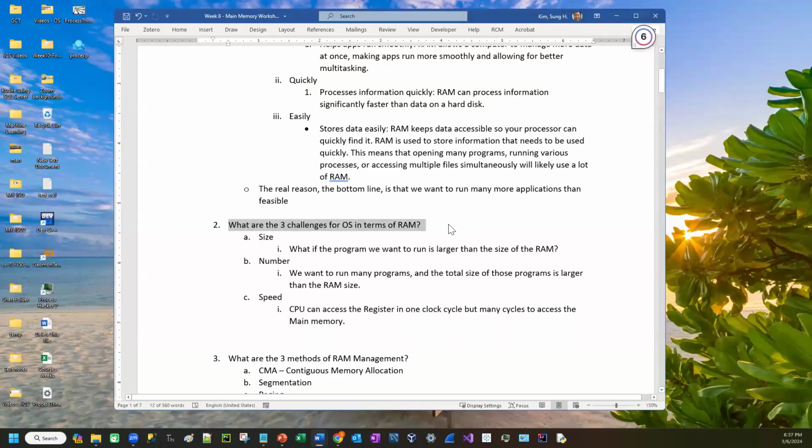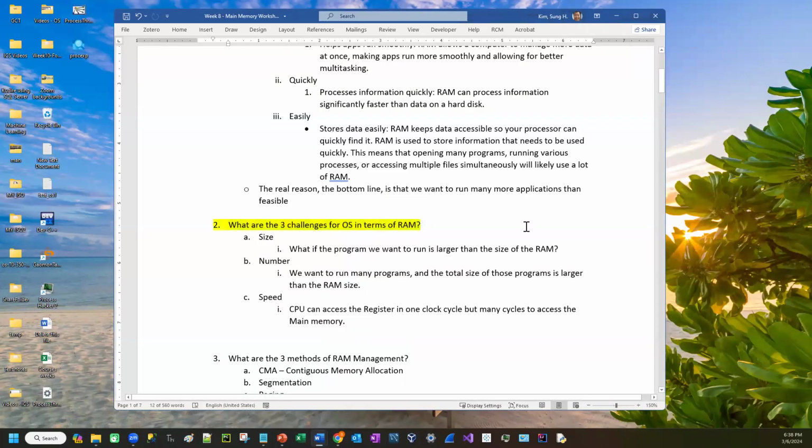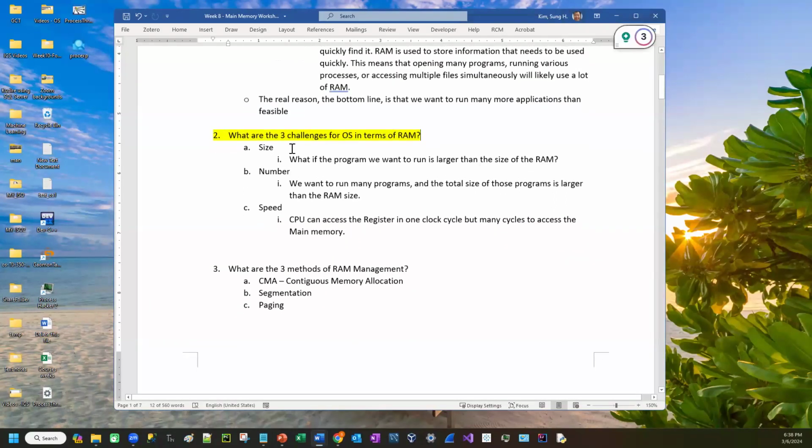So when we need to figure out how to manage this RAM, immediately there are three challenges that we face, right? The first challenge is the size. Most people's RAM is limited.